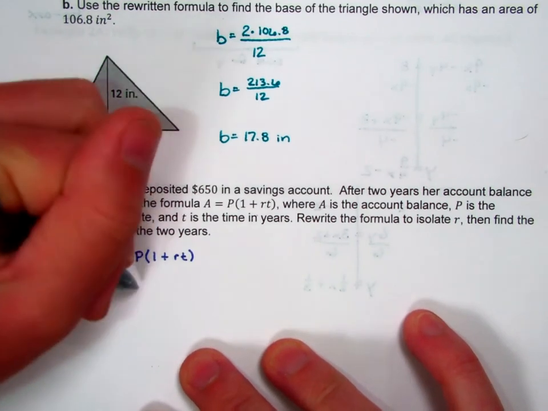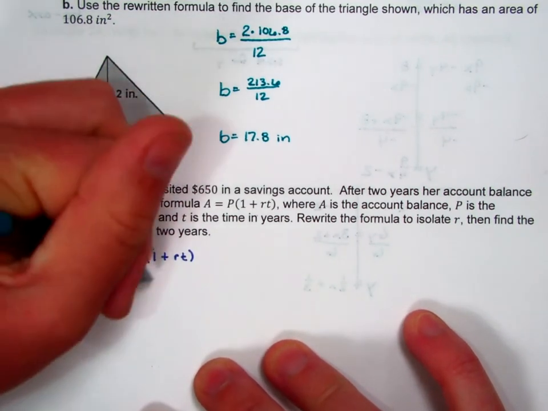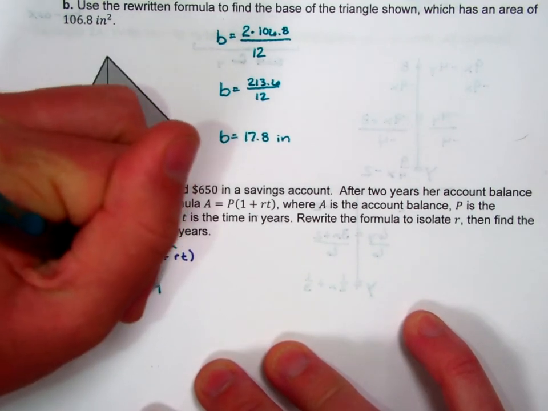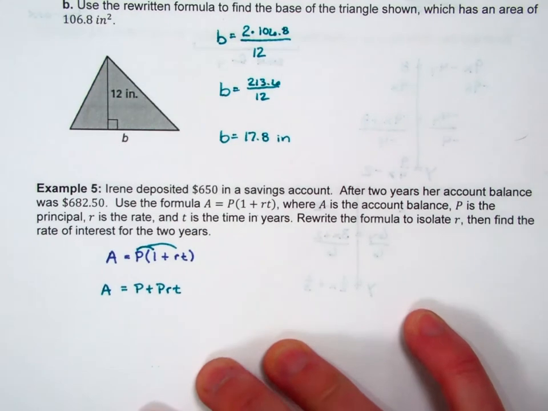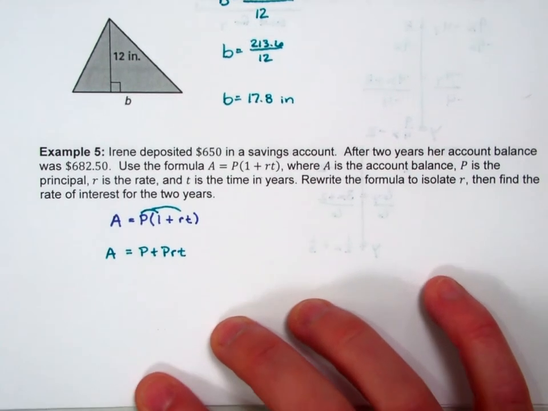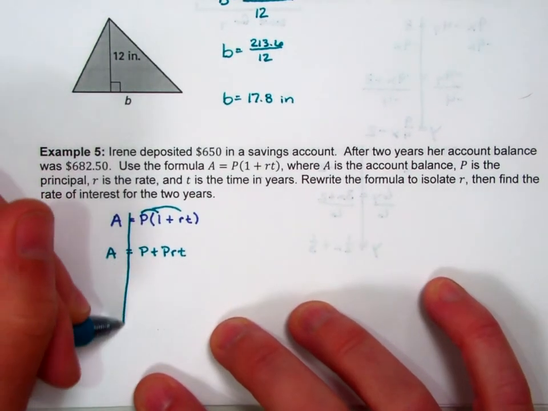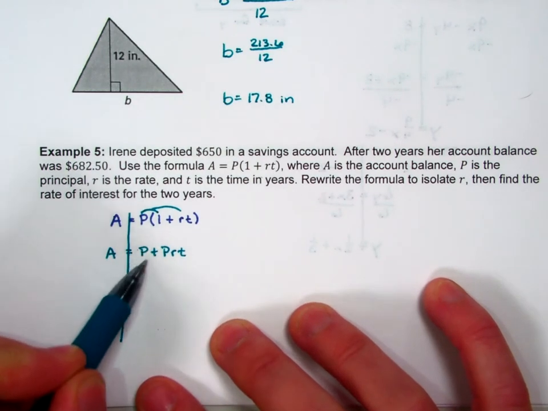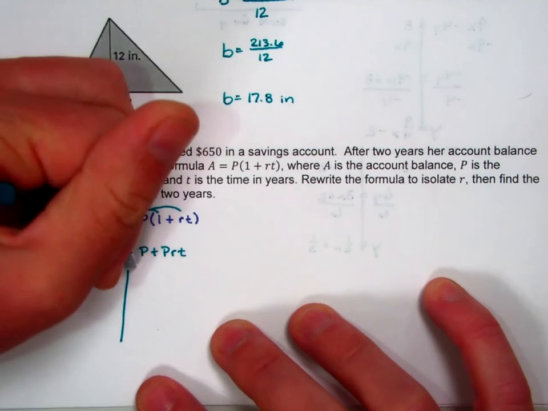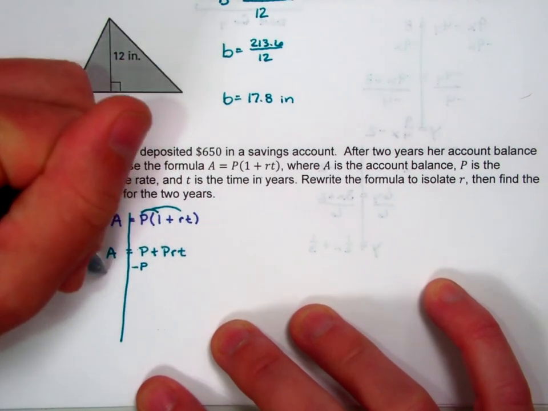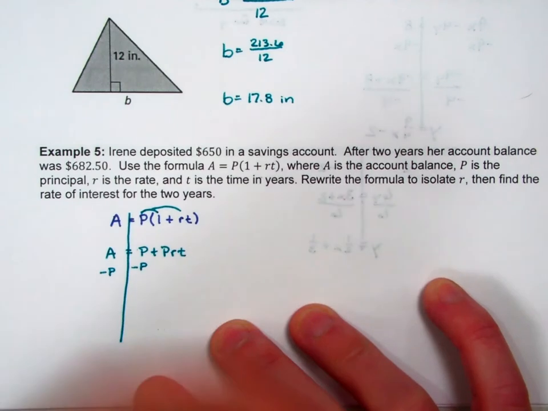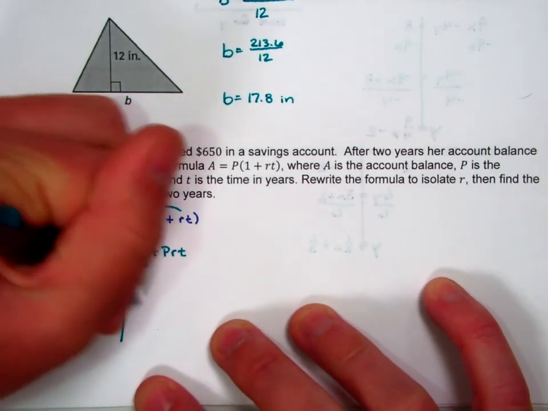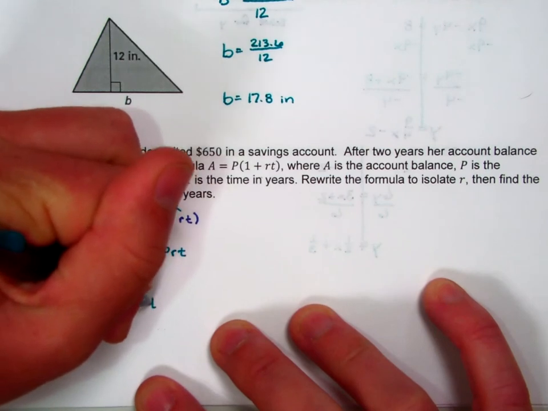So, if we begin by distributing, we'd have P times 1, which is P, plus P times RT, which is PRT. Now, again, we're trying to solve this equation for the variable of R. So the next step that we would do is we'd need to get rid of this P that's being added here. So we can do that by subtracting a P from both sides. When we do that, we would have A minus P equals PRT.